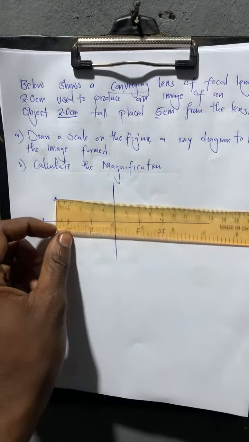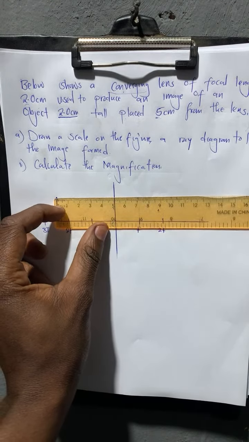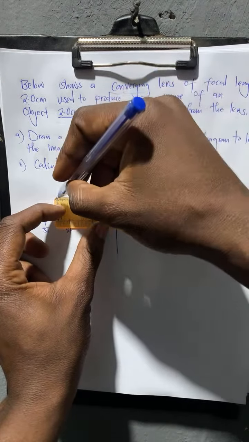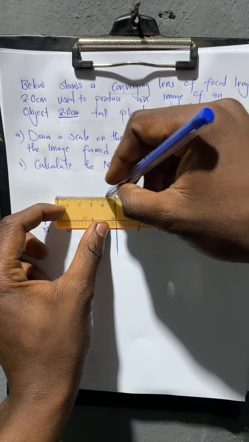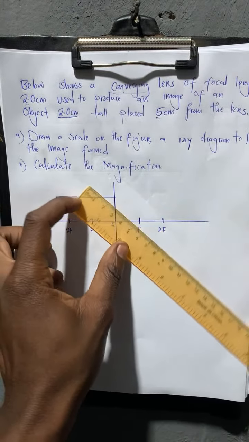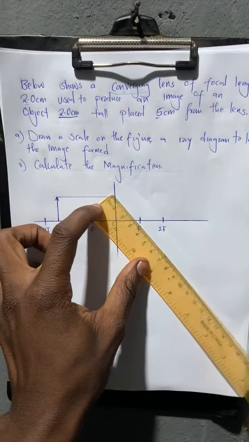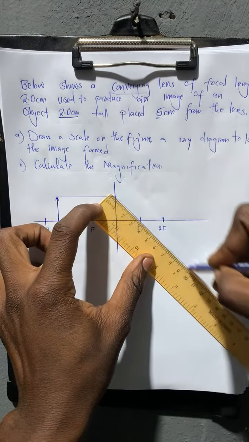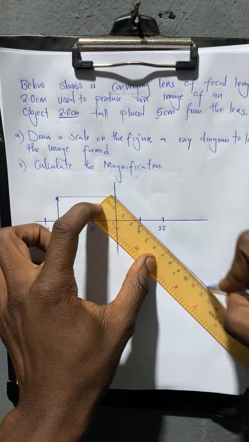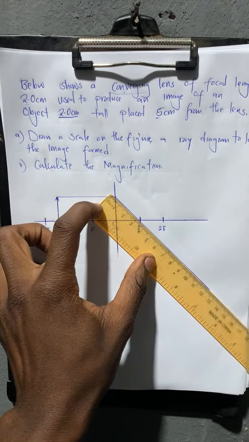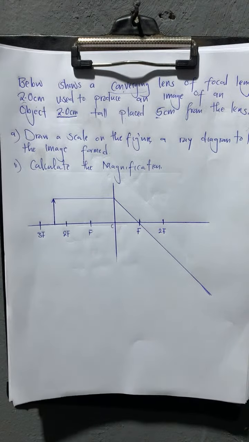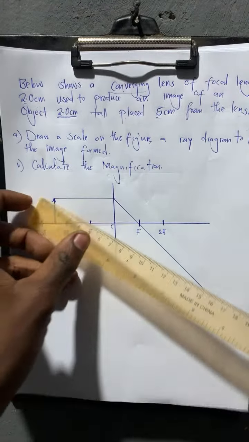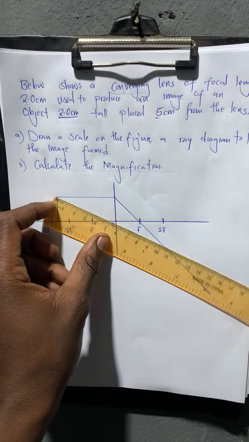Now the rule says that the line from the object parallel to the axis must go straight to the center like this. It is parallel. Always it must curve at what? F. You draw with a ruler. So you say it must always curve at F. Okay, so this is your F. Then the rule says that the line passing through the center is what? Unrefracted, meaning it does not bend.